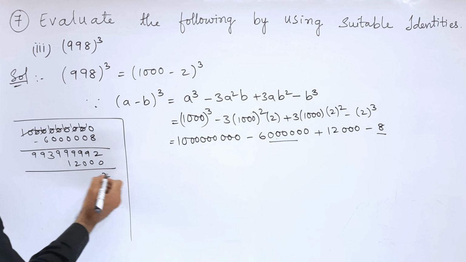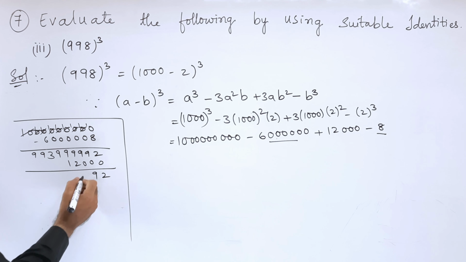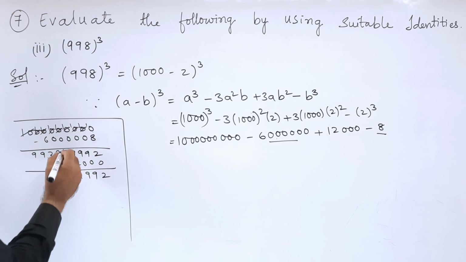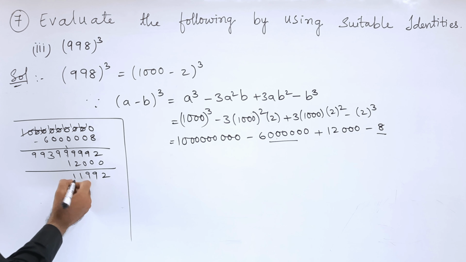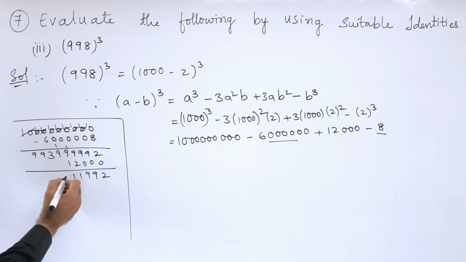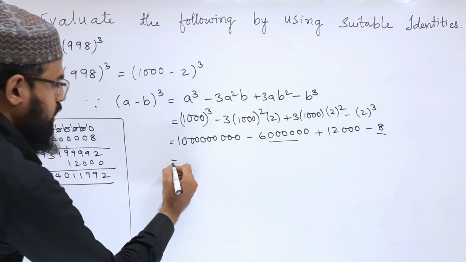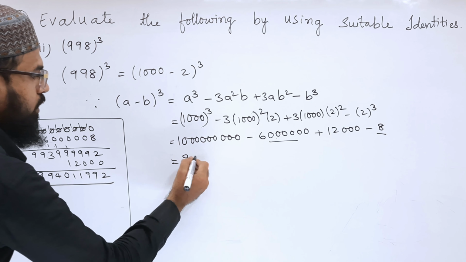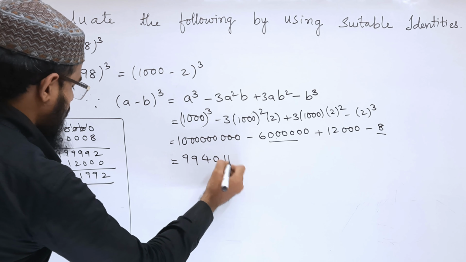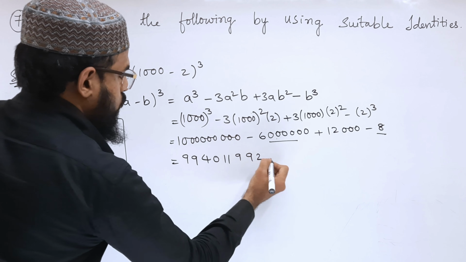So 2 plus 0 is 2. 9 plus 0 is 9. 9 plus 2 is 11. 9, 10, 11. 9 plus 1 is 10. 4, 9, 9. So the final answer is 994,011,992.